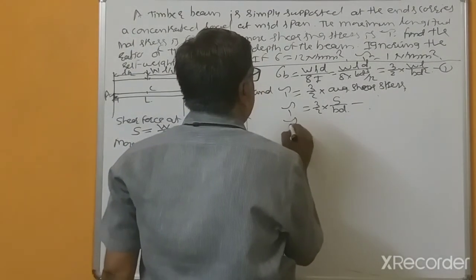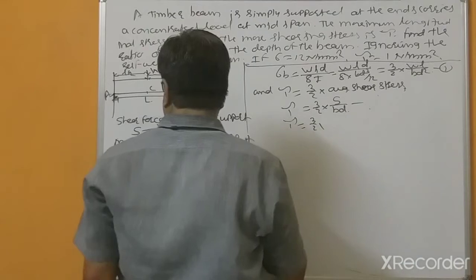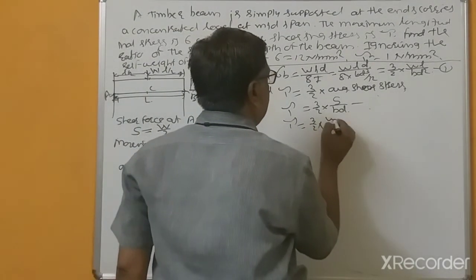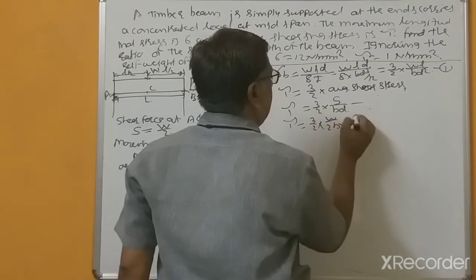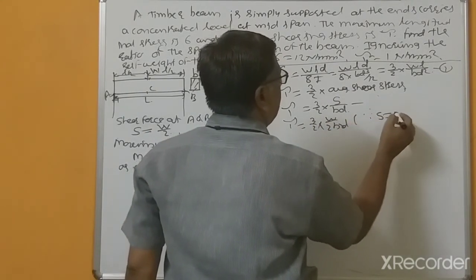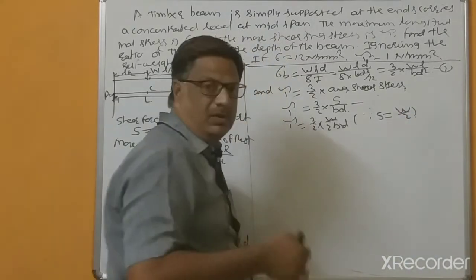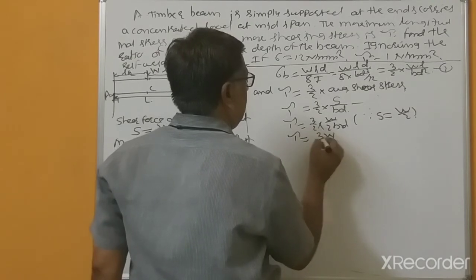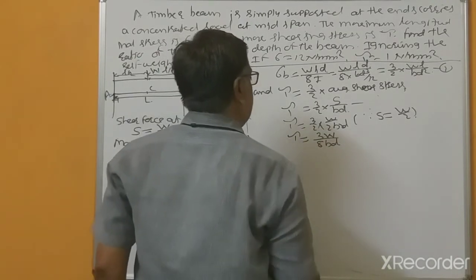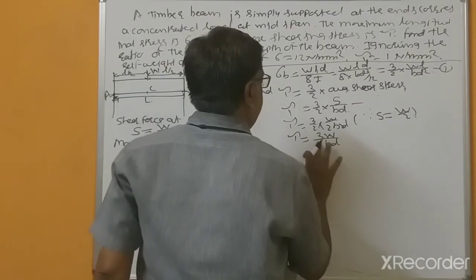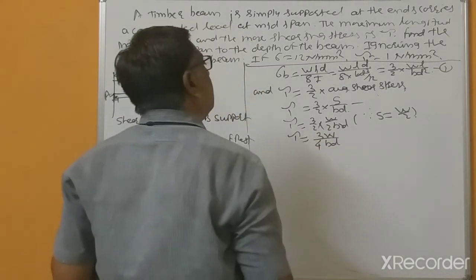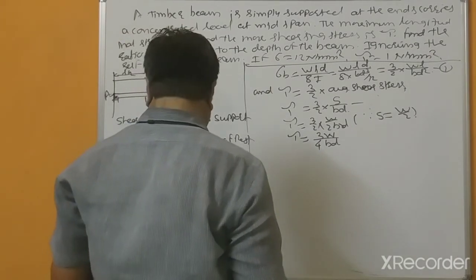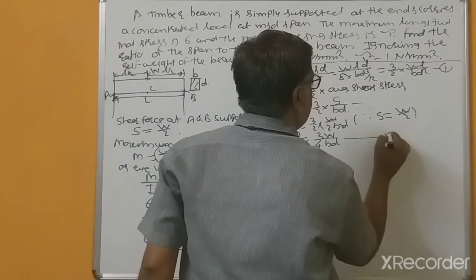So here tau equal to 3/2, shear force equal to W/2, since S is the maximum shear force. So tau equal to 3W divided by 8 BD. Oh sorry, this is 4 BD. Alright, suppose this is the second equation.